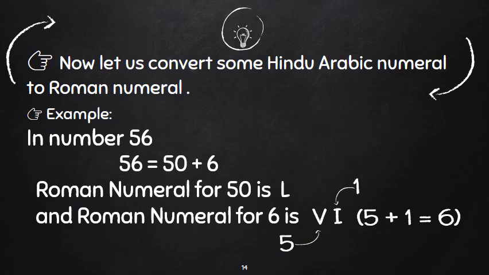Means, once again I will repeat, we are adding the value of the smaller Roman numeral to the bigger Roman numeral because the smaller Roman numeral is written to the right side of the bigger Roman numeral. And this rule we have already learned. So, we can write 56 as LVI.